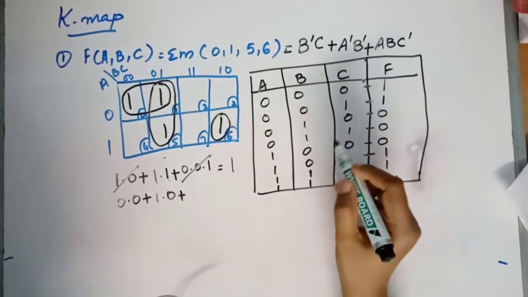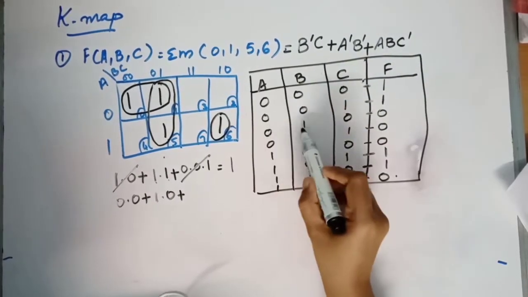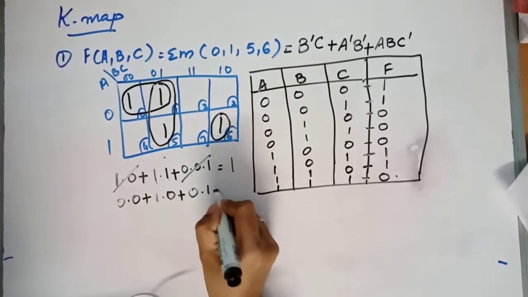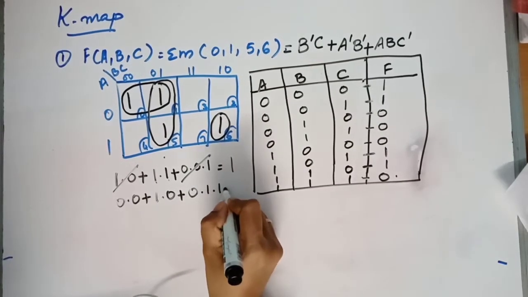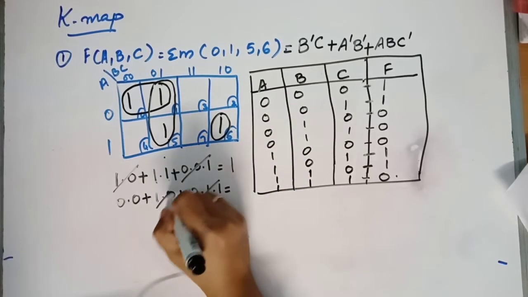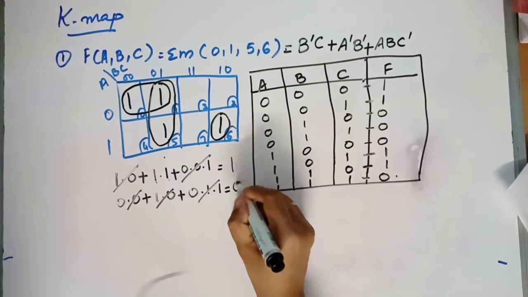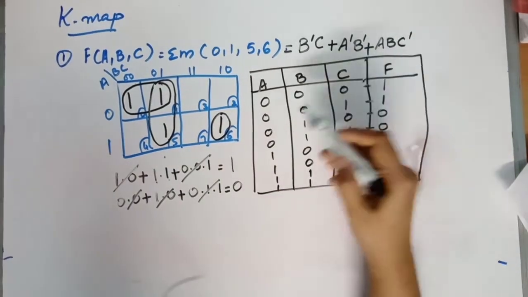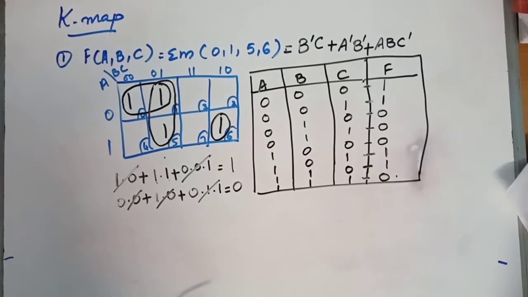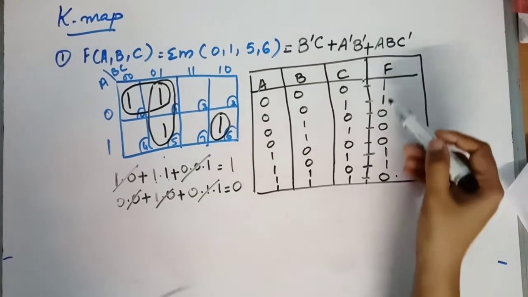Plus A B C bar, with 0 1 1. So this will go, this will go, this will go, everything is 0. So likewise you can check any of these. If you check any of these, you will get the corresponding value.